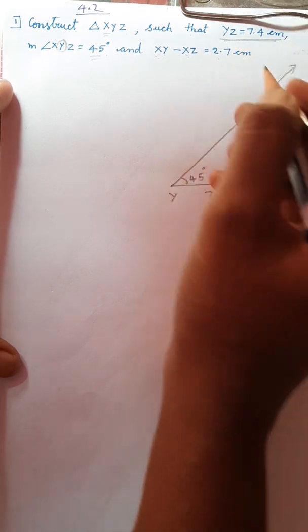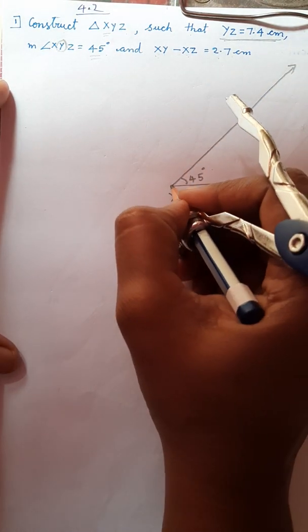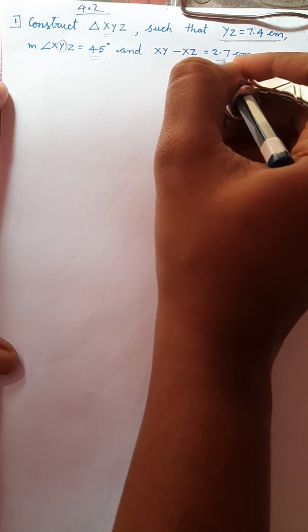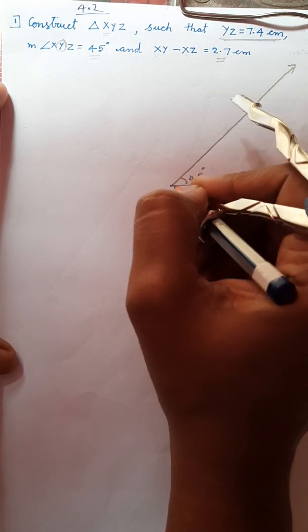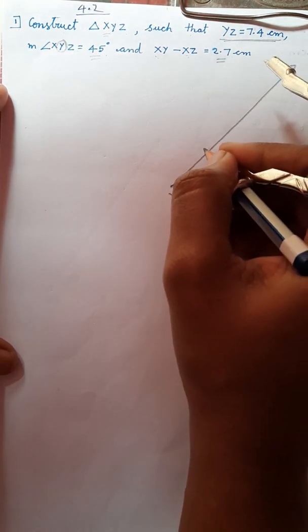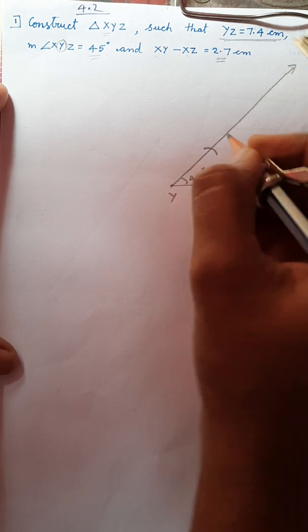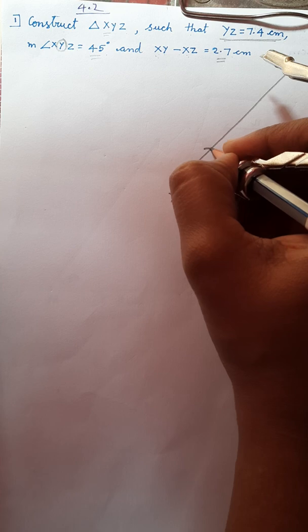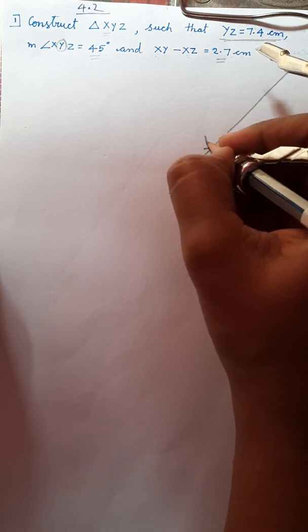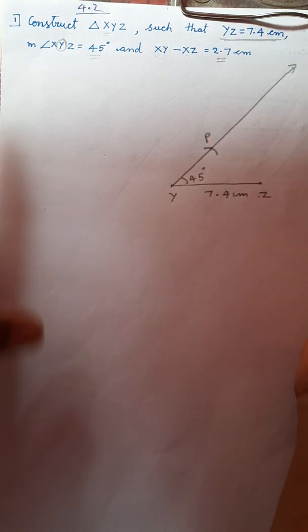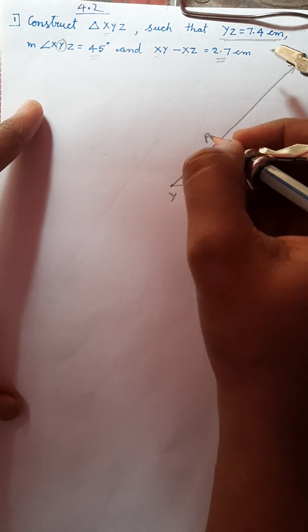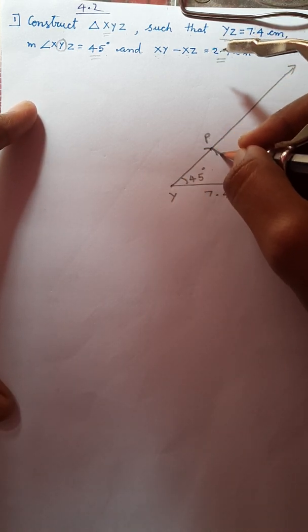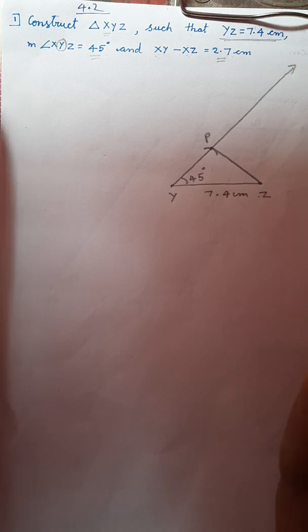So what to do is, with the compass we will take 2.7 centimeters and cut a small arc by keeping it on point Y. Whatever intersection point we get, this point is not X, this is any other point, I am taking it as P. Now this extra point, join with Y. This is the construction we have to do.